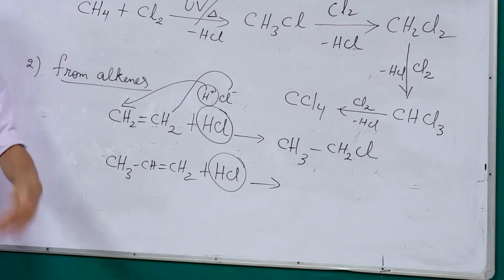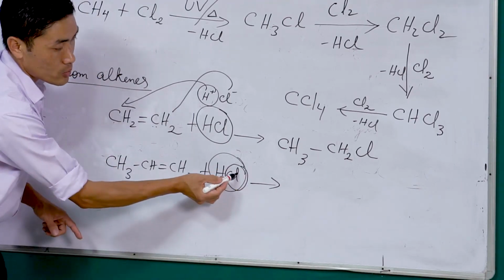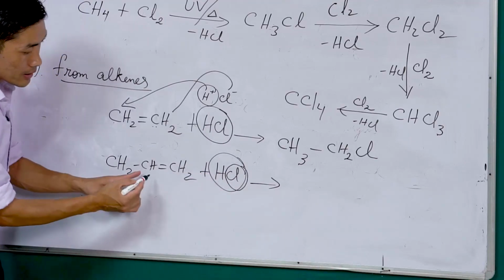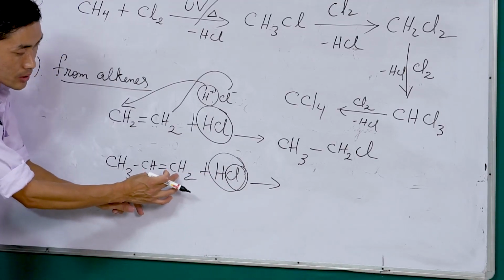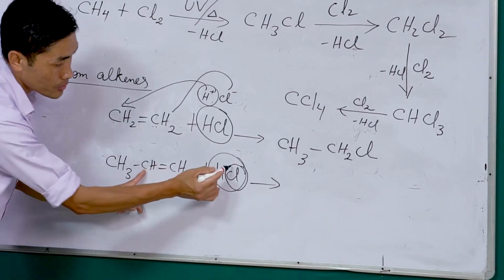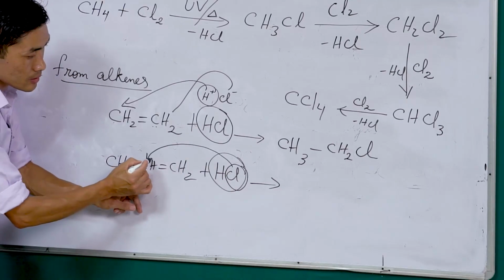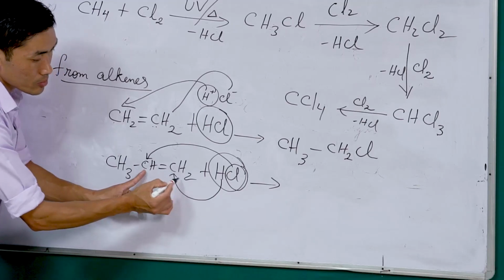This is in accordance with Markovnikov's rule, which we studied in class 11 also. As I said, addition takes place across the double bond. Out of these two carbons, this has less number of hydrogens. So the halogen atom comes here. That means the negative part comes here. The positive part goes to the carbon with more number of hydrogens.